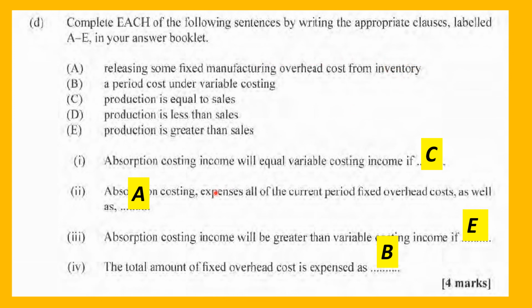Okay, that is the opening inventory. Absorption costing income will be greater than variable costing income if production is greater than sales. And finally, the total amount of fixed overhead costs is expensed as a period cost under variable costing.